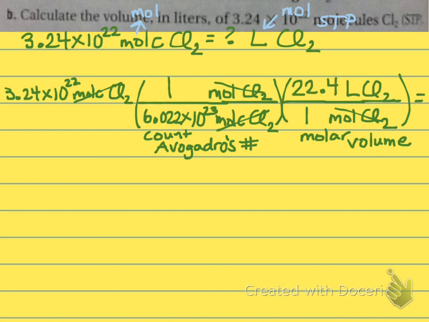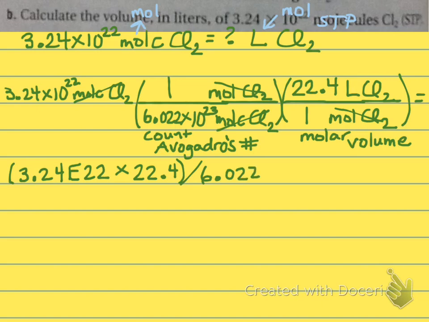Again now, should I multiply or divide, right? So when I put this in my calculator, I'm going to do 3.24 E22 times 22.4, close my parentheses, divide by 6.022 E23.